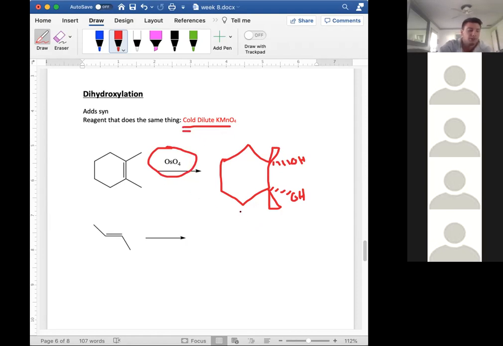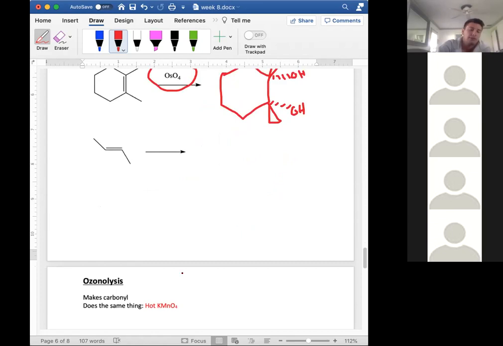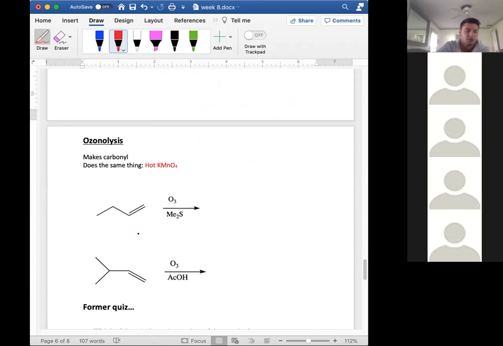Because we're going to see now that hot KMnO4 will do ozonolysis. And in the name, what reagent will you commonly see for ozonolysis? Ozone, right? Ozone.